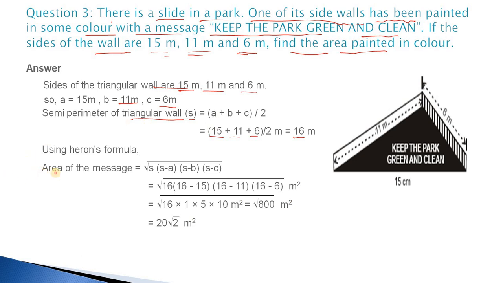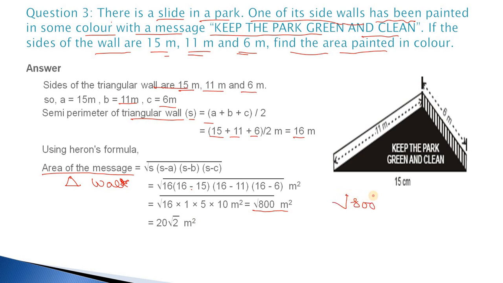As per Heron's formula, the area of the triangular wall is under root S into S minus A into S minus B into S minus C. We put the value of S, S minus A, S minus B and S minus C. We get under root 16 into 1 into 5 into 10 meter square, which is equal to under root 800 meter square.